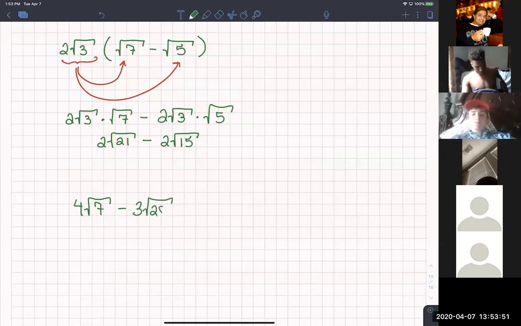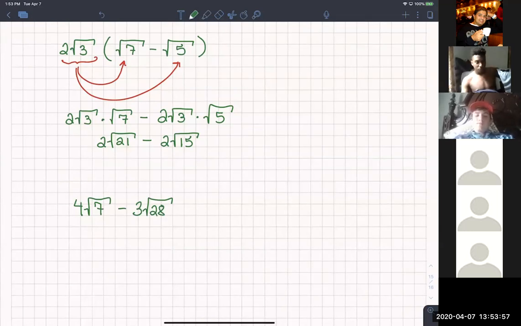Question to ask yourself: are all of these simplified? Or can I break down any one of these? 28. And what can I break 28 into? 7 and 4.